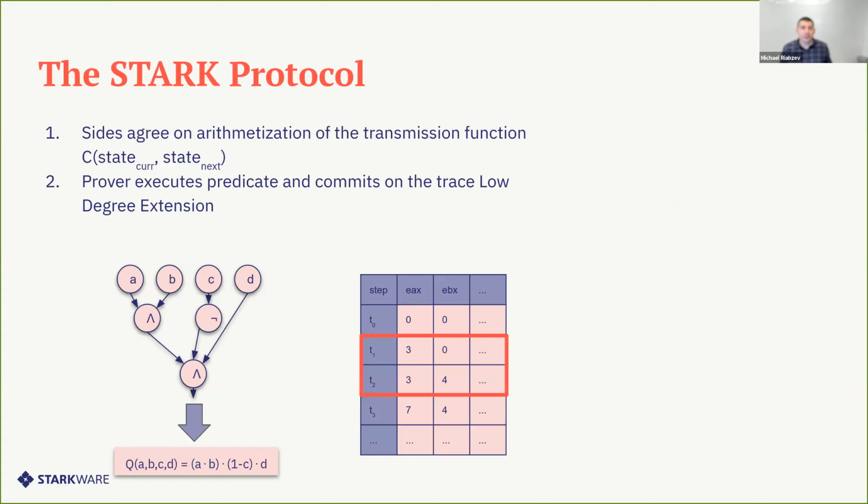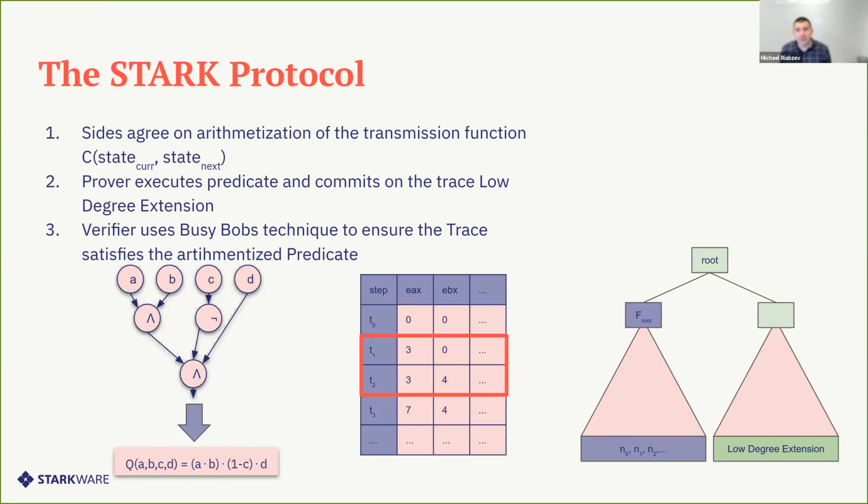We would like the prover to compute the trace, to encode it in the arithmetic form, and to do a low degree extension to it. As we see in Bob's and Charlie's story, Charlie took something that was 2 to the 50 numbers, but before committing to it, he computed its value over 2 to the 60 points. This is a low degree extension.